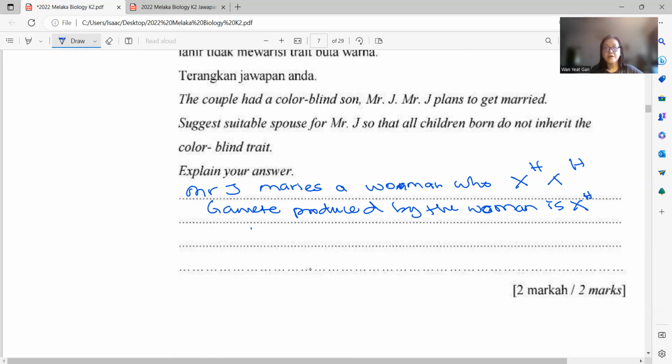So then, Mr. J's son, who is colorblind, means he is carrying a recessive allele here that causes him to be colorblind.